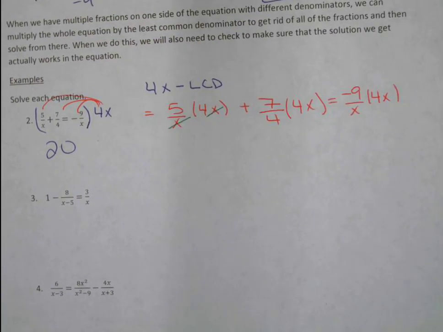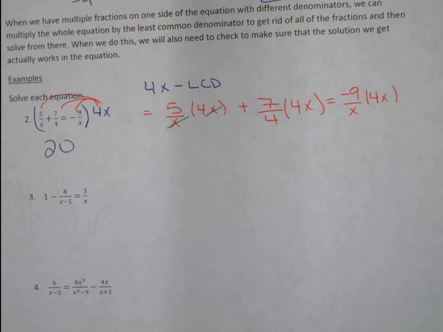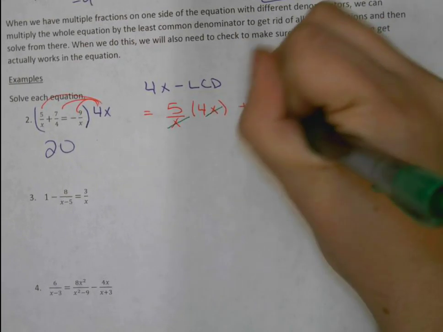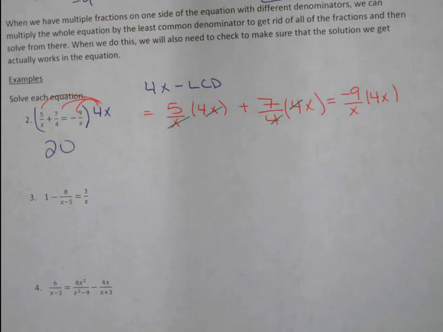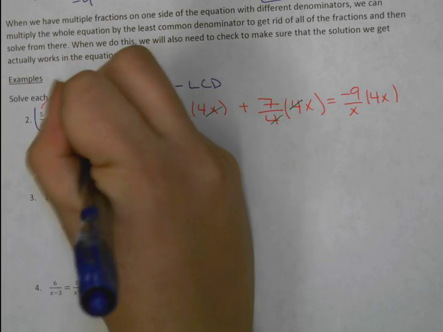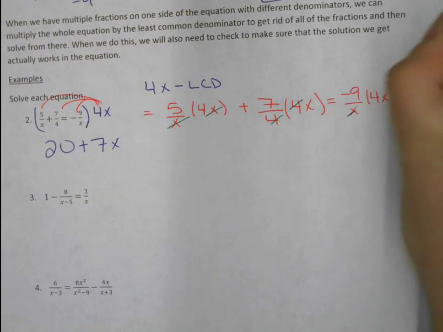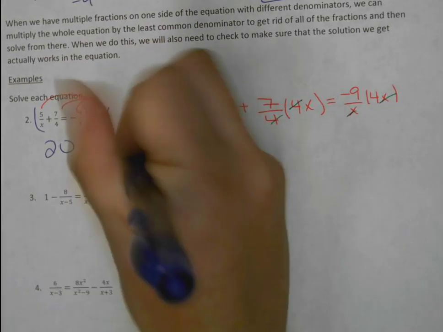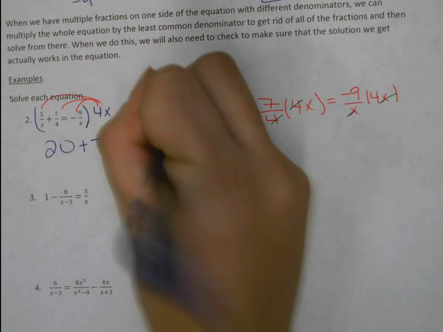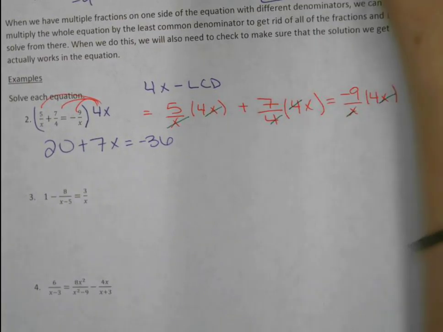That's why I got 20. Okay? So on the second one, the 4's cancel out, and I'm left with what? Okay, and then on the last one, the x's cancel out, so I get negative 36. So then what do I want to do?